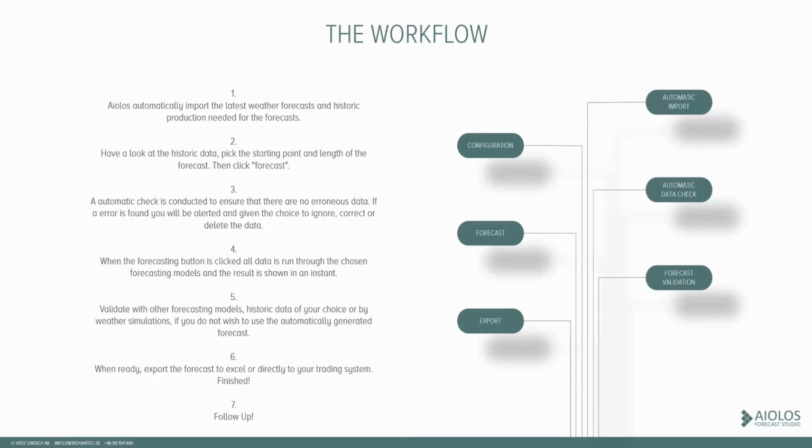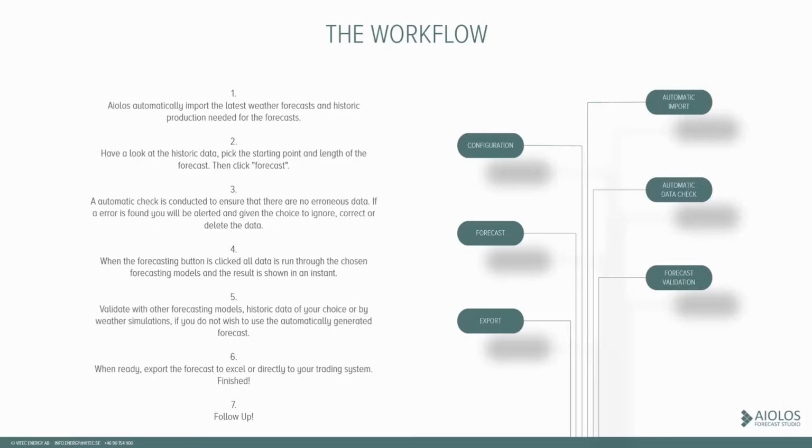So the workflow in the system, this is a very short description of course, but we will start with an automatic import of the latest weather forecast and the historical data, and that could be production or consumption of course, depending on what type of forecast that we would like to make. So once that is done, you will have the configuration, so you can have a look at the historical data.